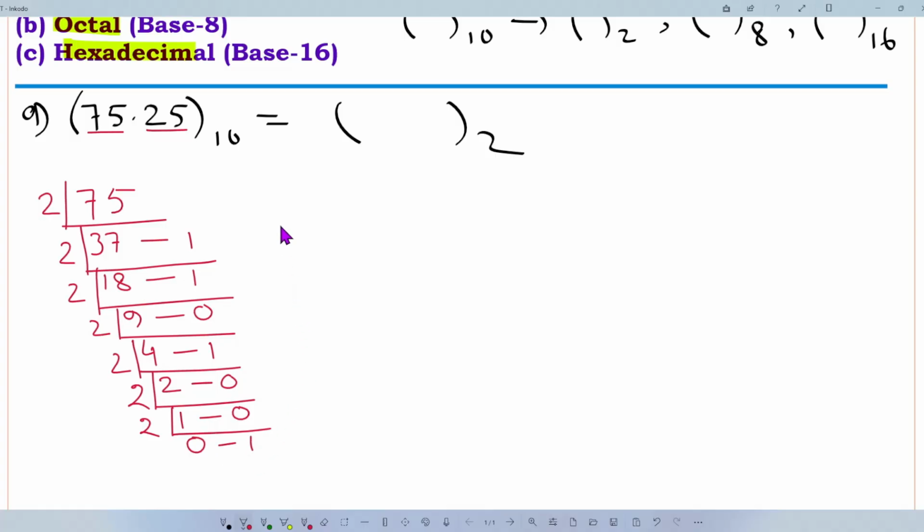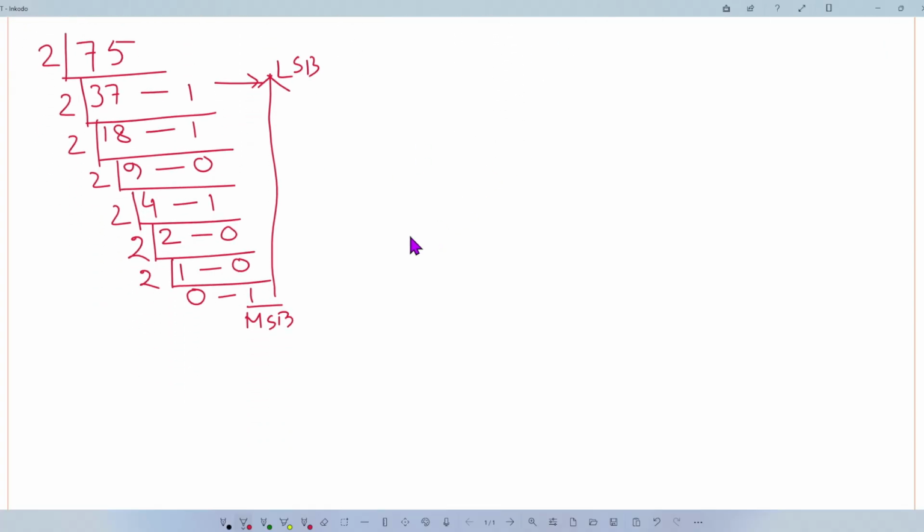So our target is MSB to LSB. So this one is the MSB, which is the most significant bit, and this one is the LSB, which is the least significant bit.